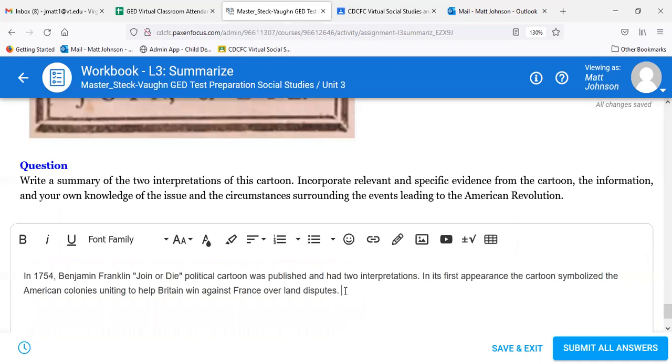So then, well, you know what? Yeah, let's put the death, or see, colonies risked death, put that in quotation marks, by not joining together.